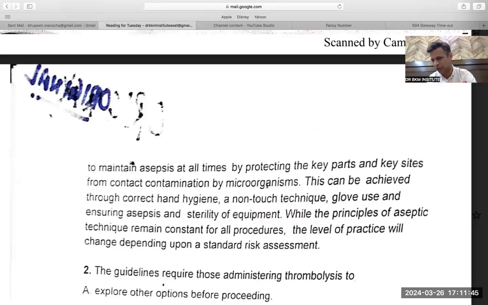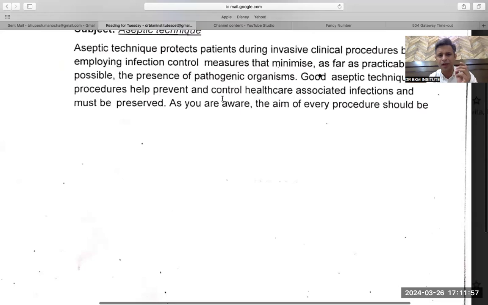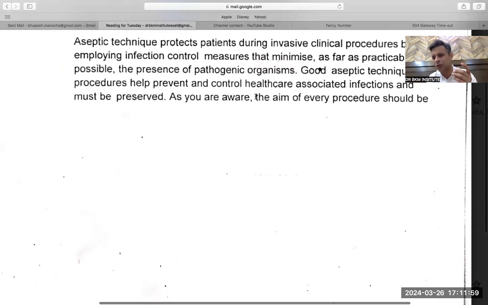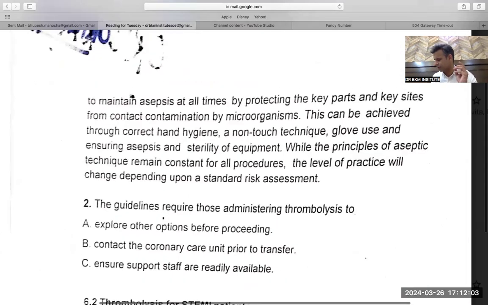So now they are again talking about aseptic techniques. This can be achieved. Now the topic is changing, because earlier they were talking about the benefits, that it will keep the organisms away and control healthcare infections. But now they have started talking about how this can be achieved.